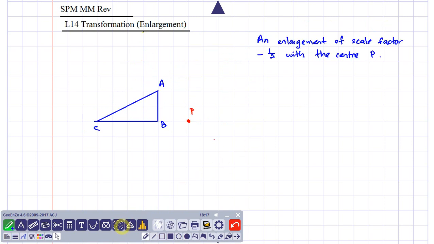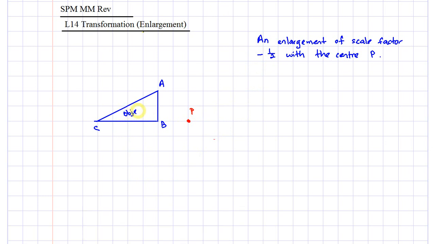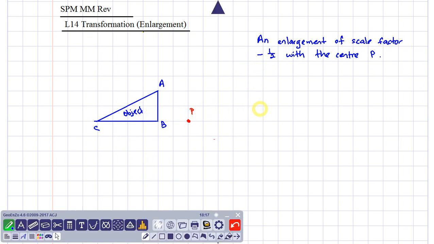Now we try this one. An enlargement of scale factor negative 1 over 2 with the center P. Since it is negative, we know that if this is the object, the image will be on the other side. The center will be between the object and the image.